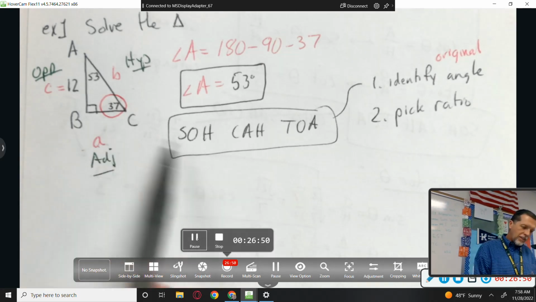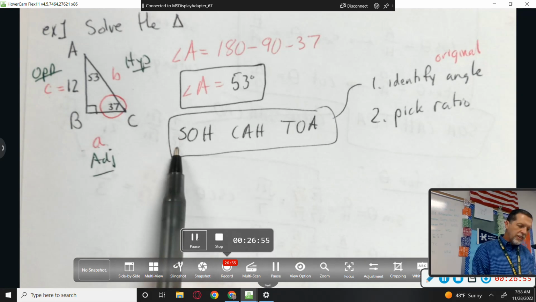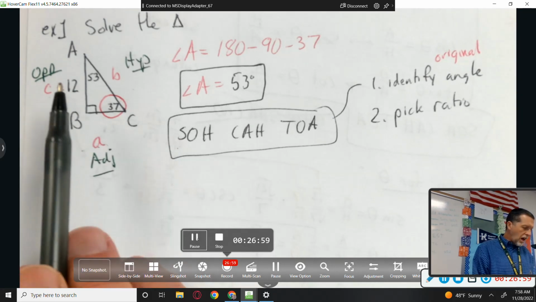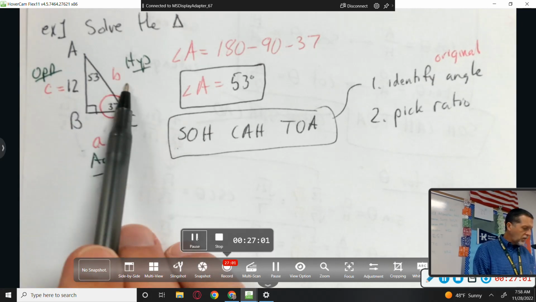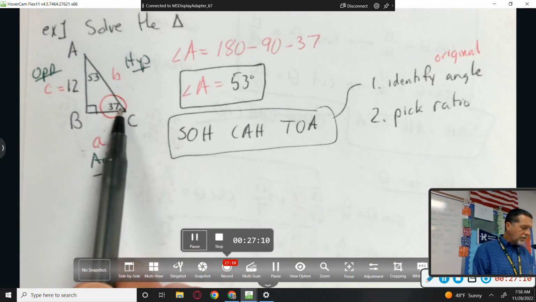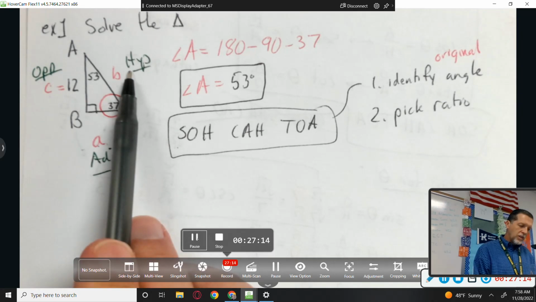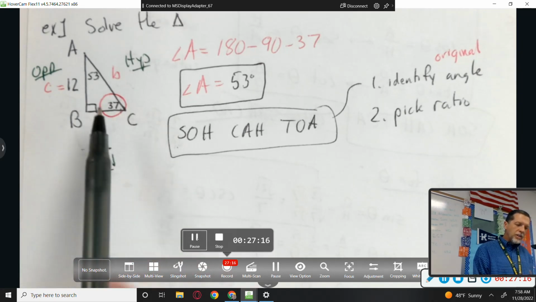Okay, so now we got to figure out which ratio to use. If I use sine of the angle, that would be opposite over hypotenuse. Opposite and hypotenuse. Okay, that might work because I don't know the hypotenuse. Cosine of the angle would be adjacent over hypotenuse, but I don't know either one. Right?